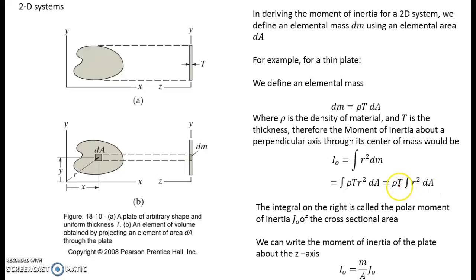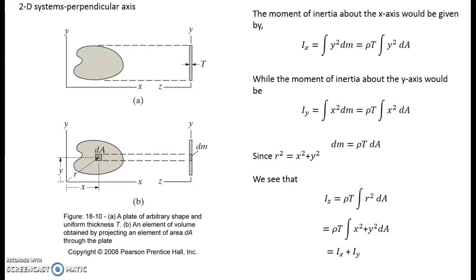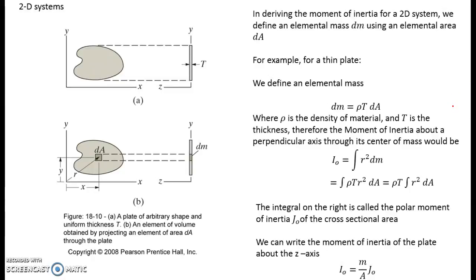Now also keep in mind that this term rho t, I can replace it by m over A. How is that? We can do that because of this relationship here. We know this relationship comes from the fact that density is mass per unit volume.